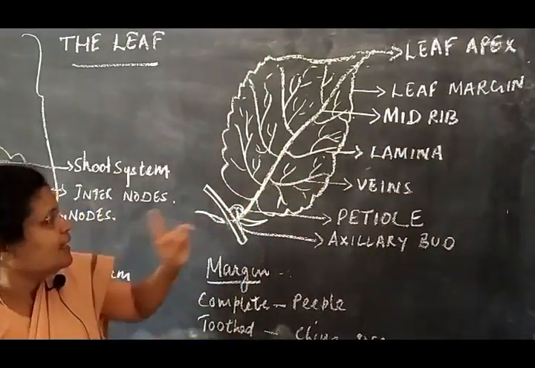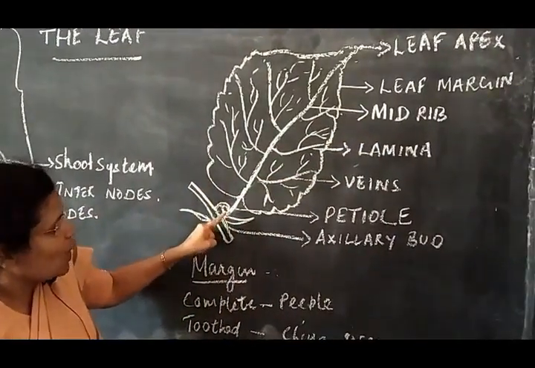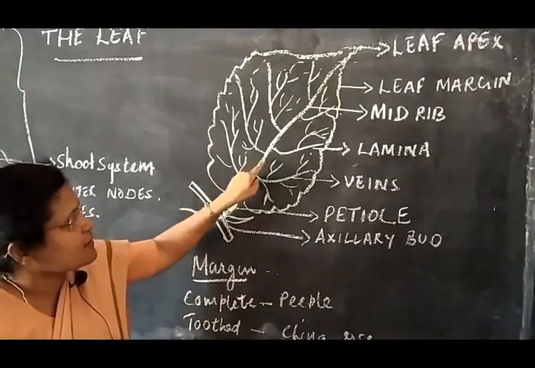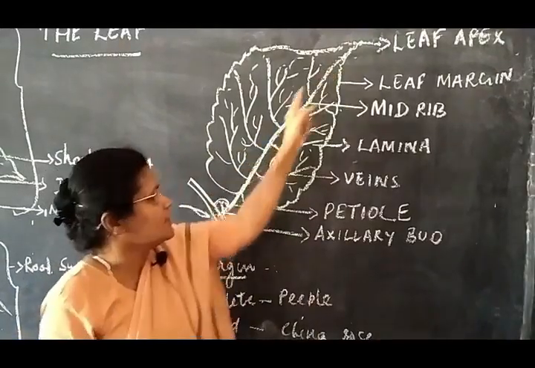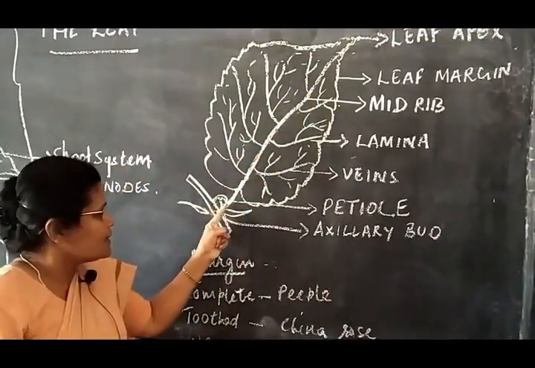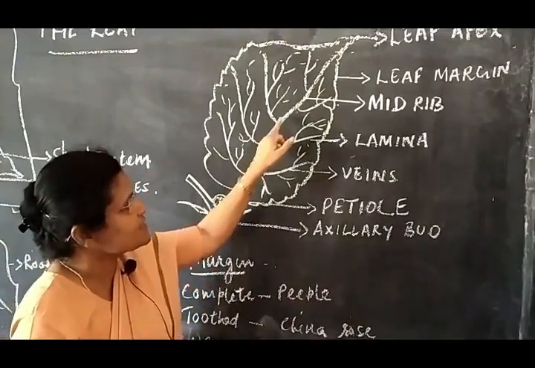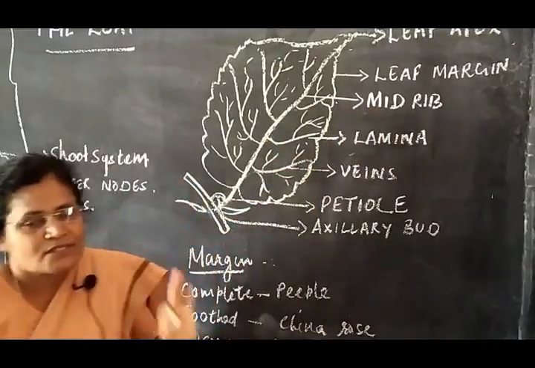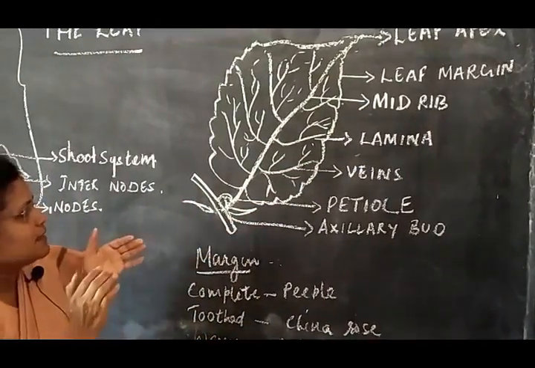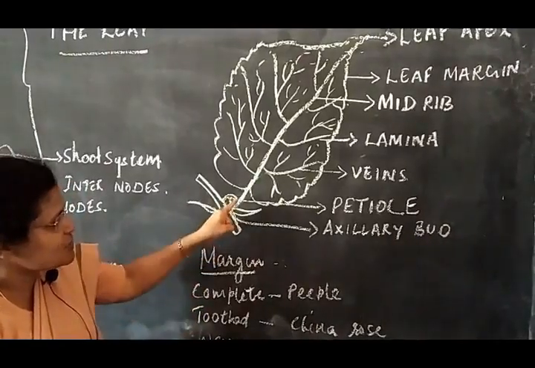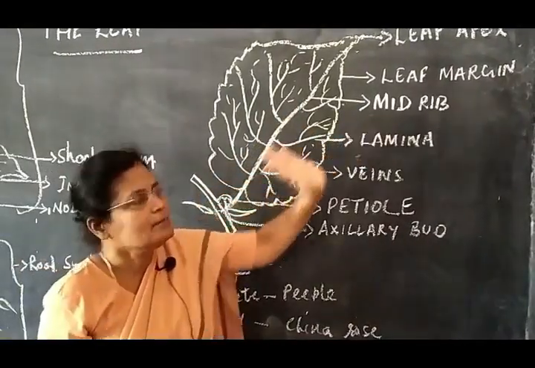I repeat, the midline in continuation with the petiole is called your midrib. This line in the middle is called your midrib. So the midrib is the part of the leaf which is in continuation with the petiole.